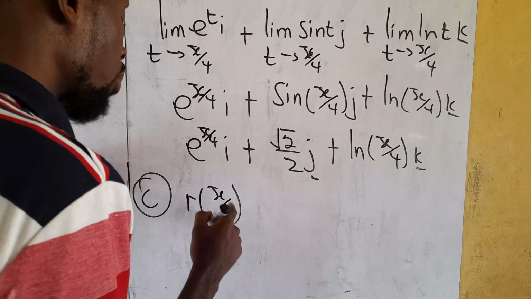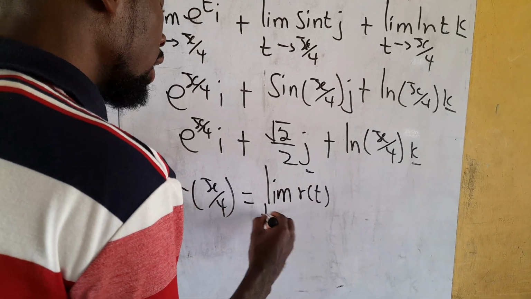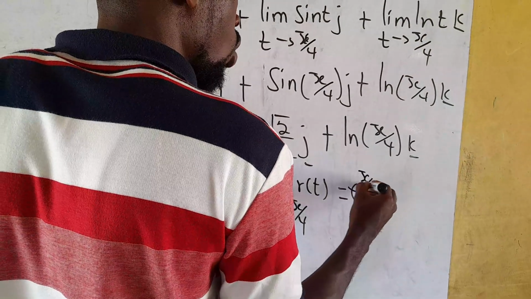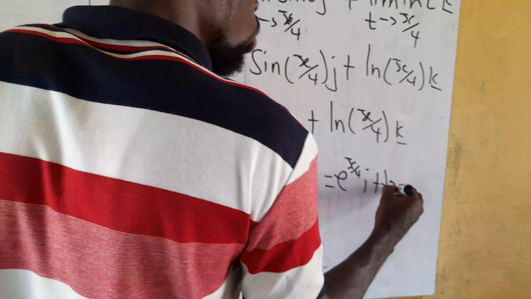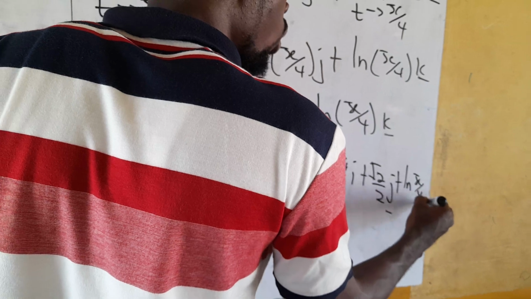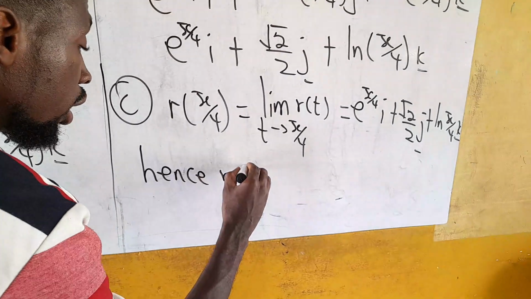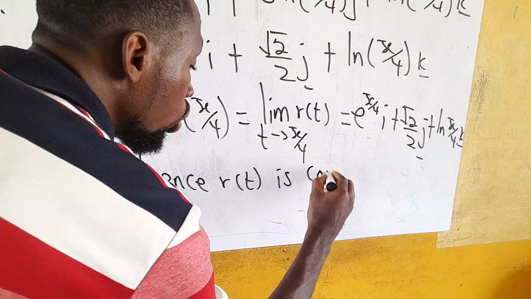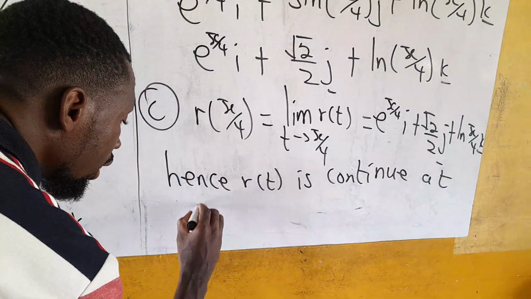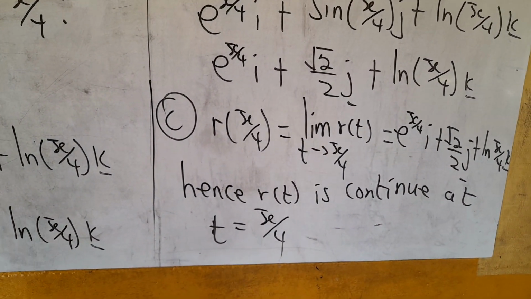So we can say our r of pi over 4 is equal to the limit of r of t as t approaches pi over 4, all equal to e^(pi/4) i plus root 2 over 2 in the direction of j plus ln pi over 4 in the direction of k. Hence, our r of t is continuous at t equal to pi over 4. Please, I hope you get that. This is very simple.